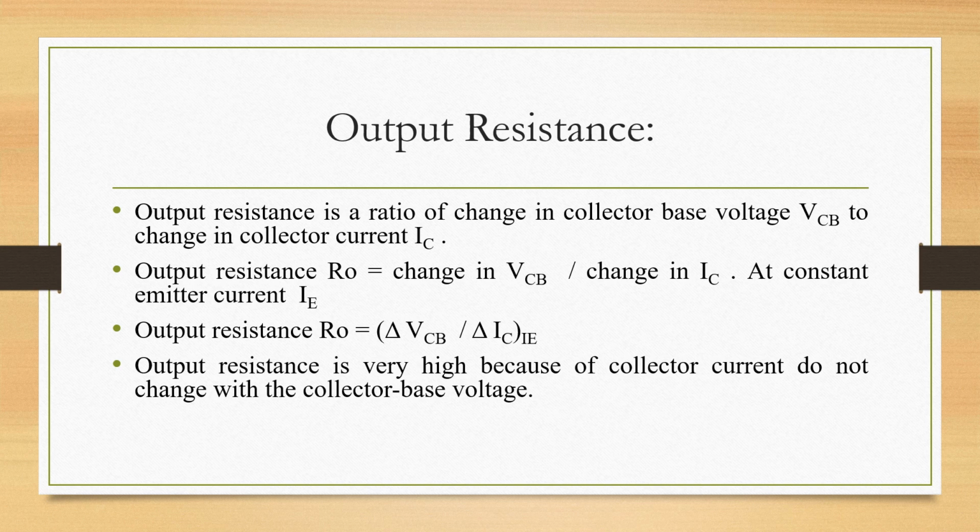So RO is equal to del VCB by del IC. And this output resistance is very high because the collector current does not change with the collector base voltage.